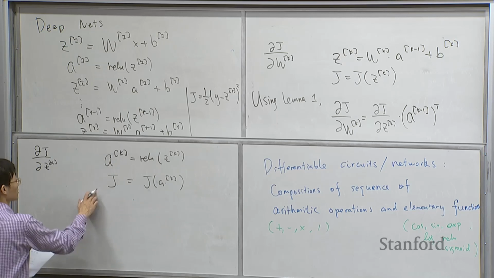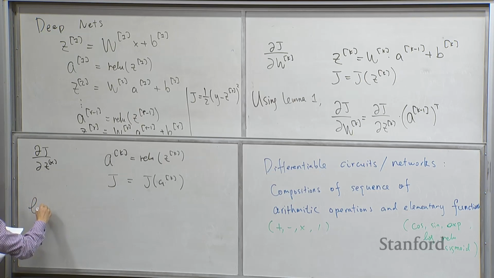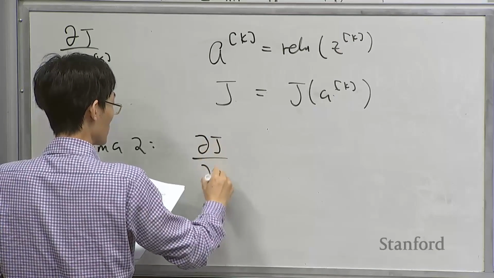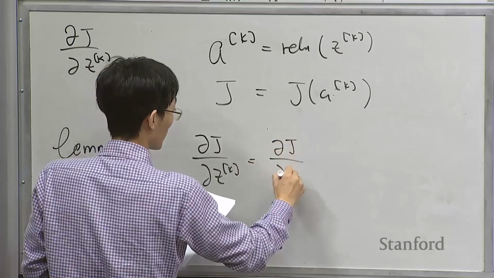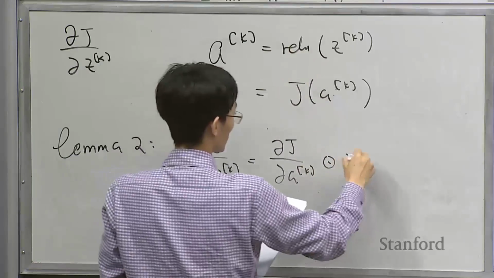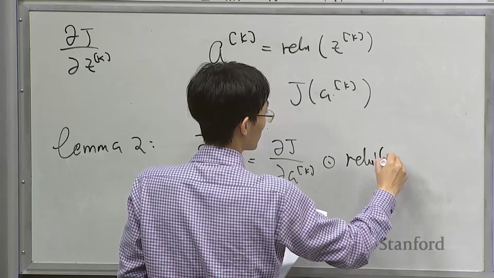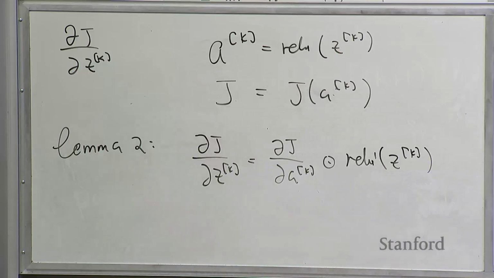Then you can use the so-called lemma 2. Lemma 2 will tell you what dJ over dZK is. It's going to be dJ over dAK times ReLU prime of ZK. Right, this is lemma 2.